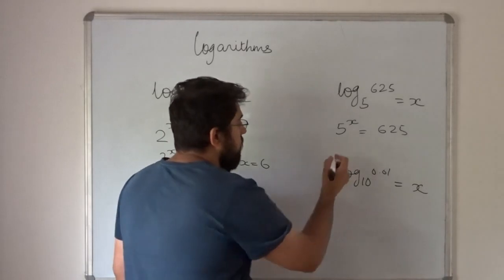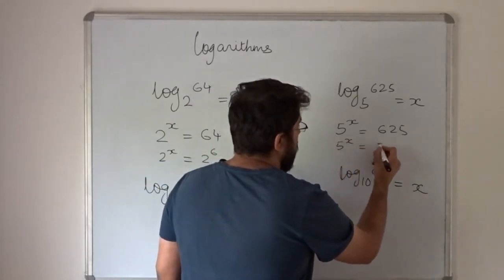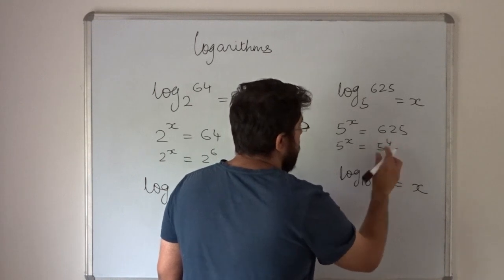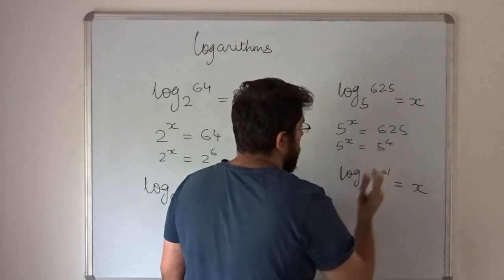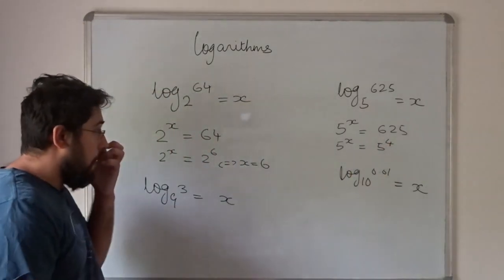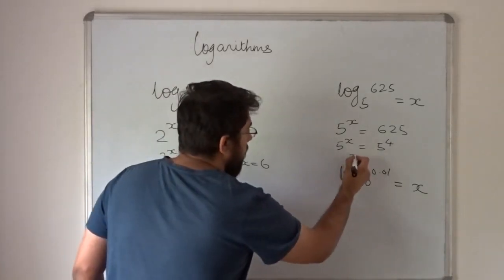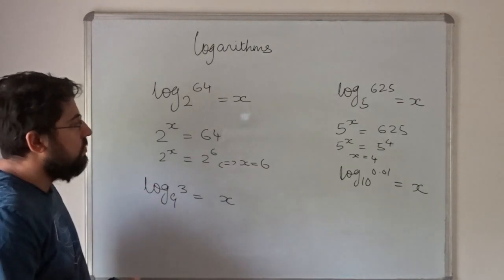That is 5 to the power 4. So 5 to the power 4 is 625, and then x is equal to 4.